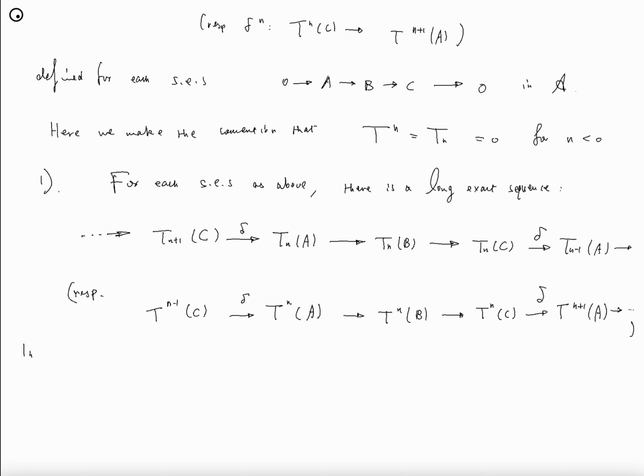In particular, T_0 is right exact, T^0 is left exact. In our case, this T^0, which is Hom(A, -), is left exact.